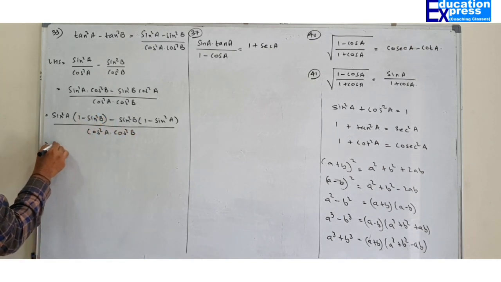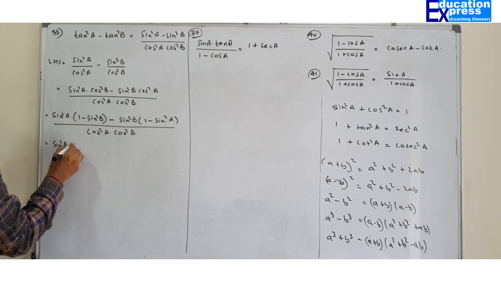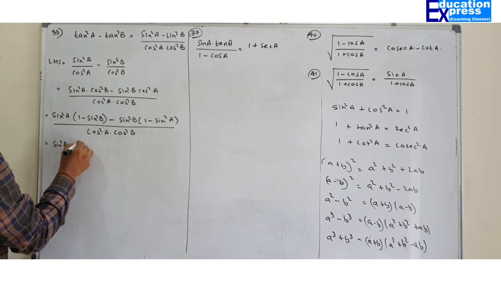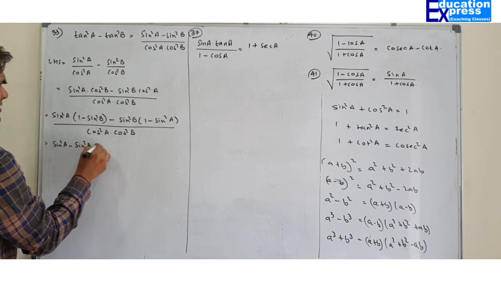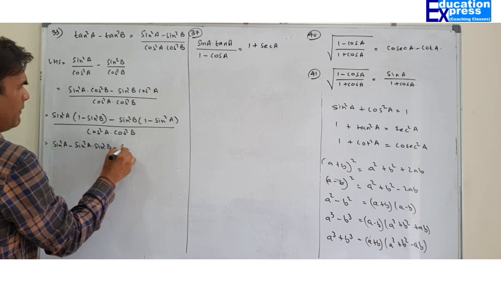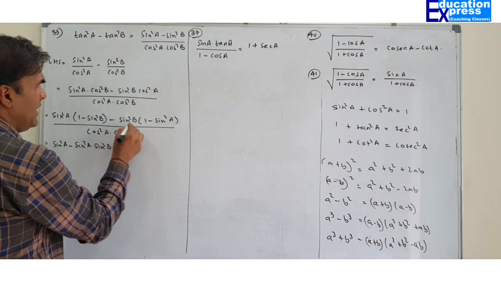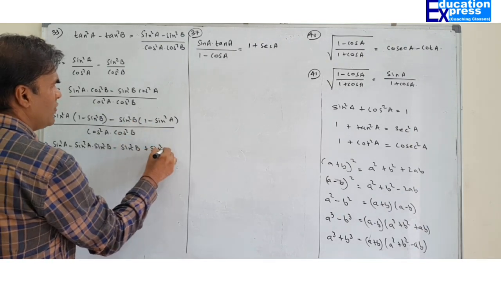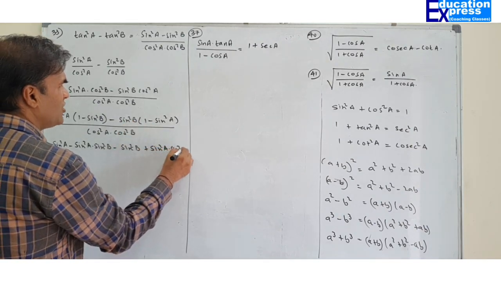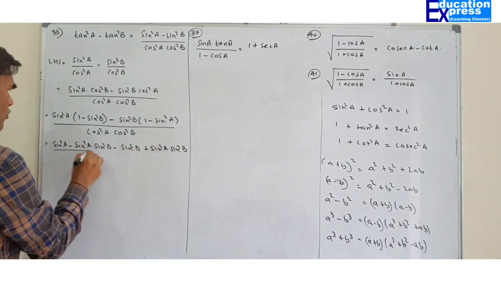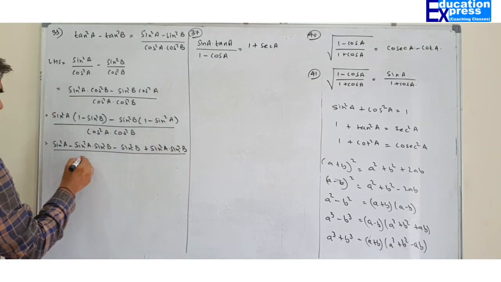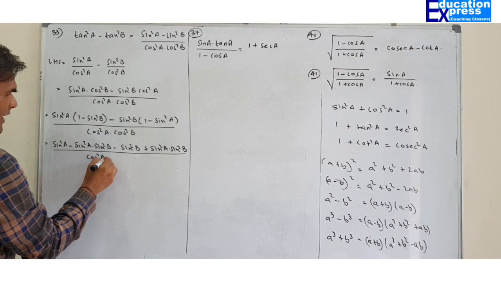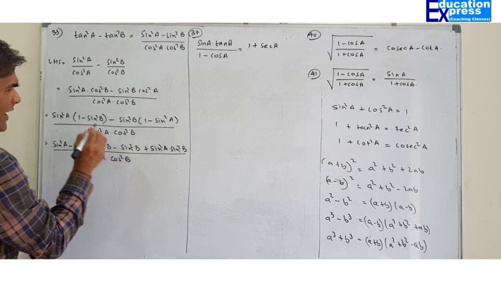This into this: sin²A minus sin²A sin²B minus sin²B, minus into minus plus sin²A sin²B, the whole upon cos²A cos²B.